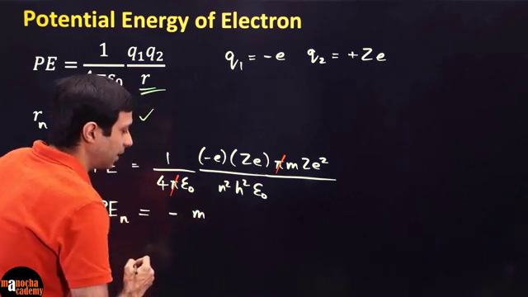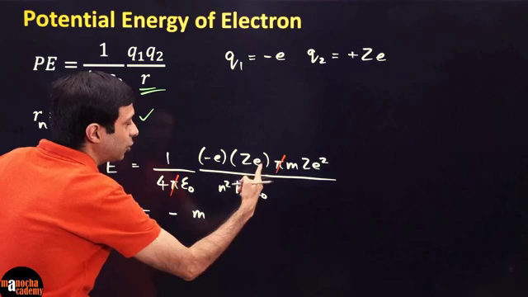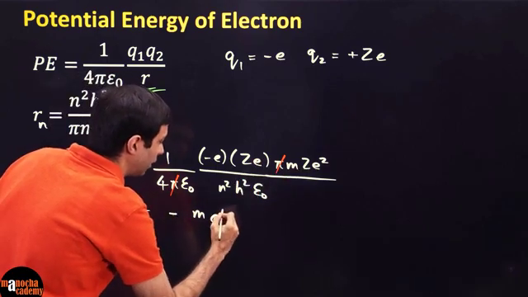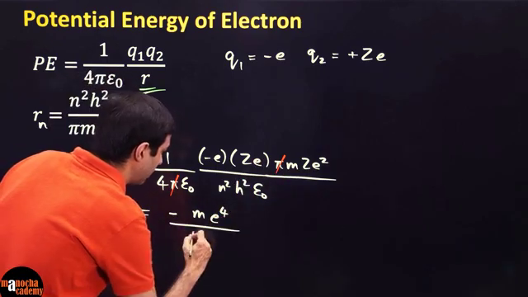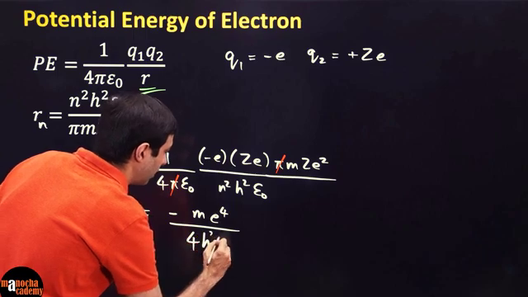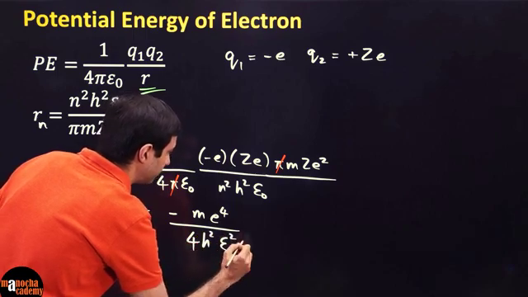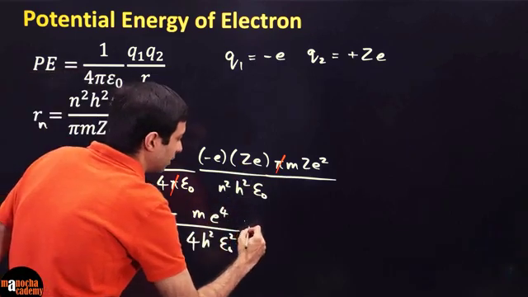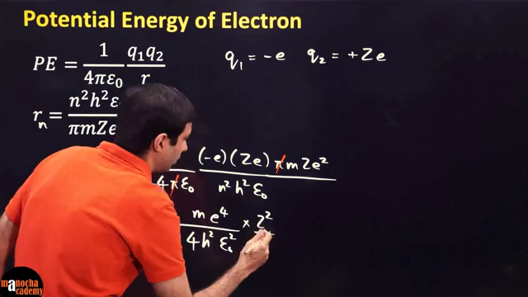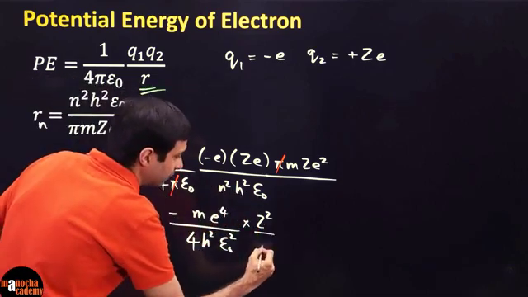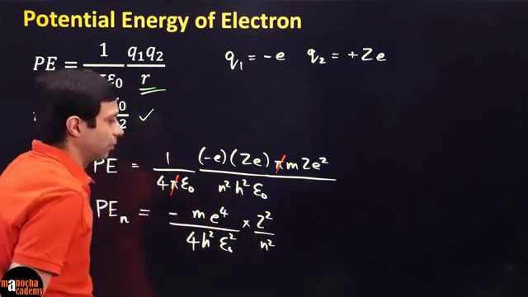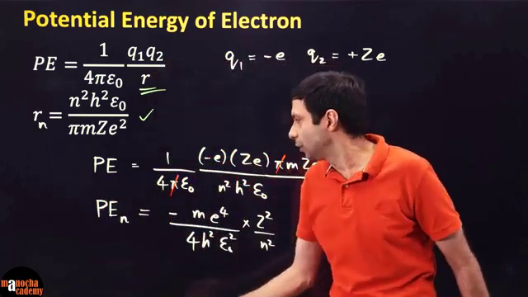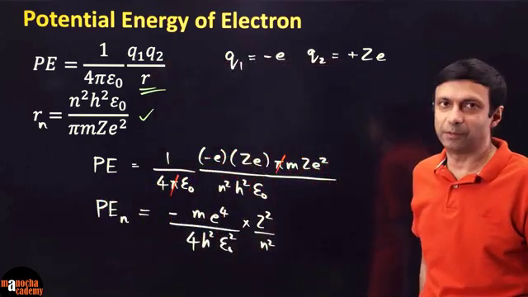So m, the mass, E square, there's an E square there. So E to the power 4 divided by 4 H square epsilon naught square. And then we are left with a Z square divided by an N square over here.